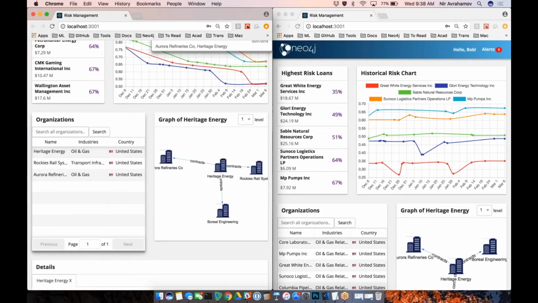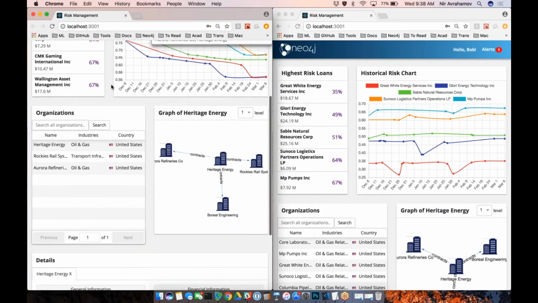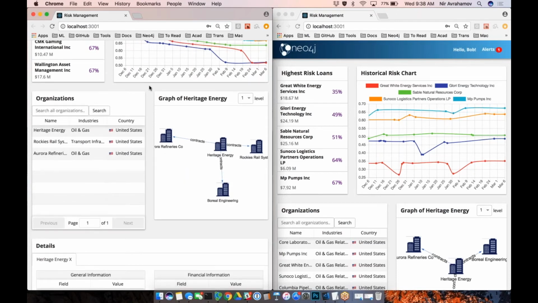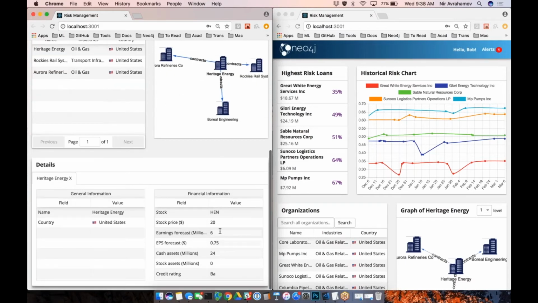So now Nir has clicked on that. He's got the three stocks that get impacted immediately, and then Alice has decided to change the Heritage Energy earnings per share, as it looks like this event may last a significant amount of time. So she's changing the annual earnings forecast from 6 million for Heritage Energy to 2.8 million.